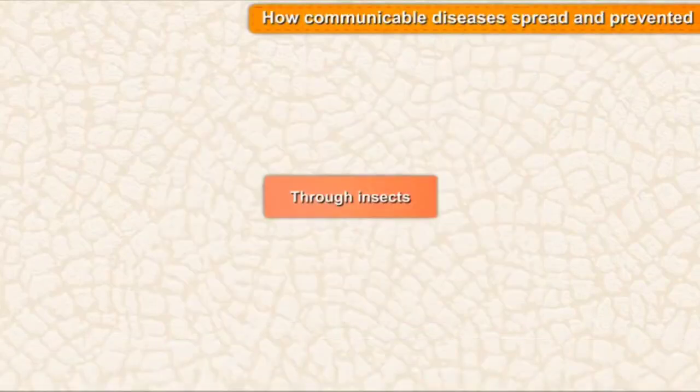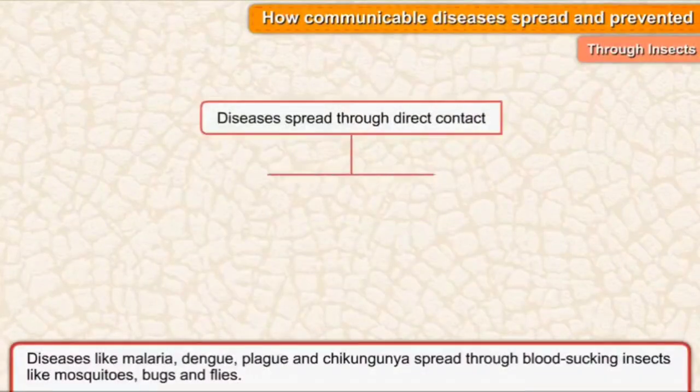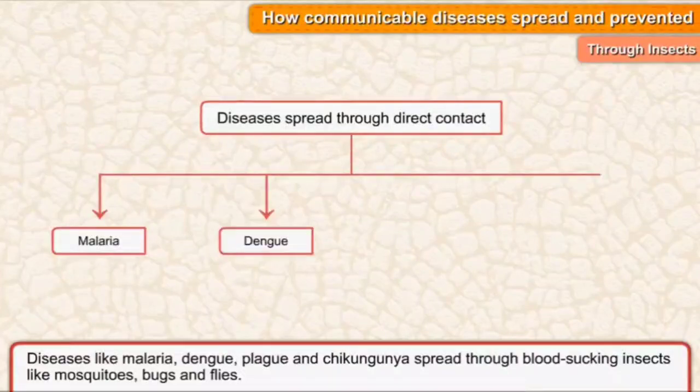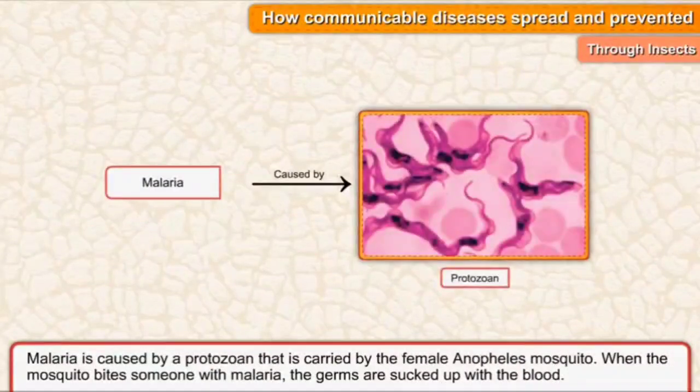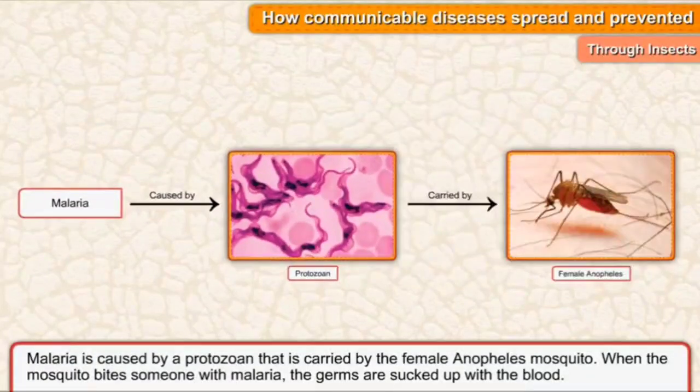Through insects. Diseases like malaria, dengue, plague, and chikungunya spread through blood-sucking insects like mosquitoes, bugs, and flies. Malaria is caused by a protozoan that is carried by the female Anopheles mosquito.